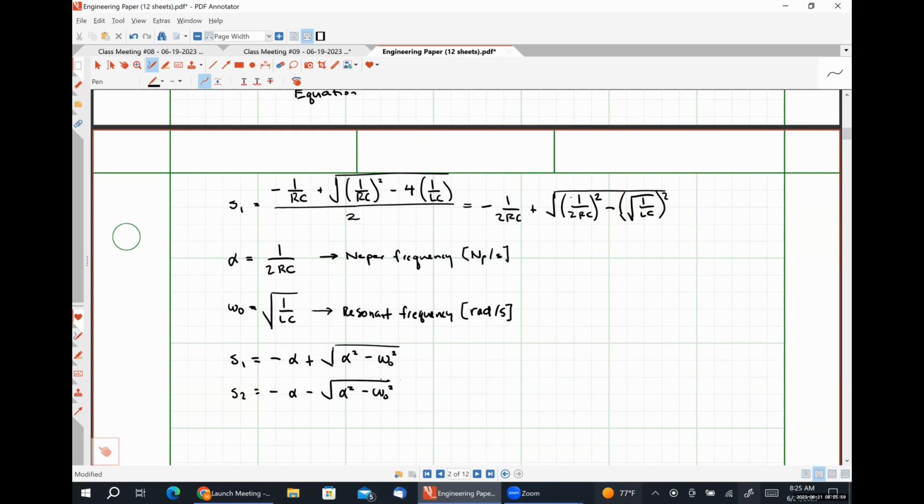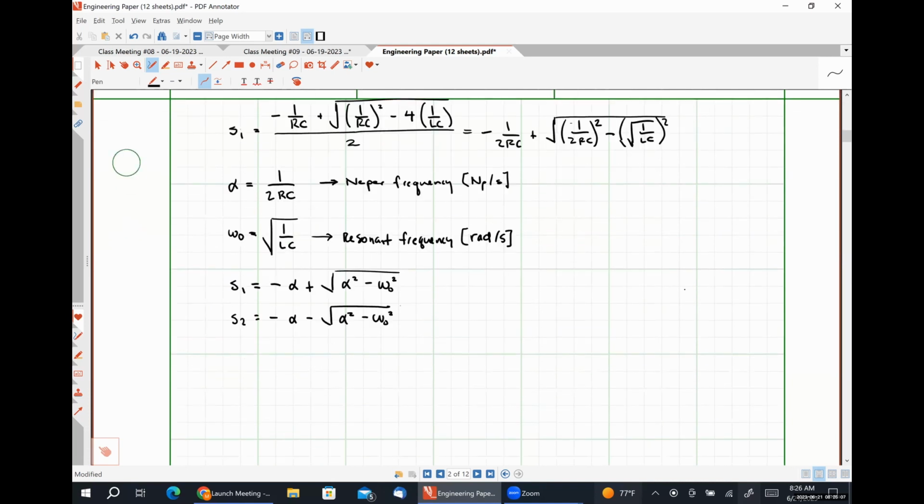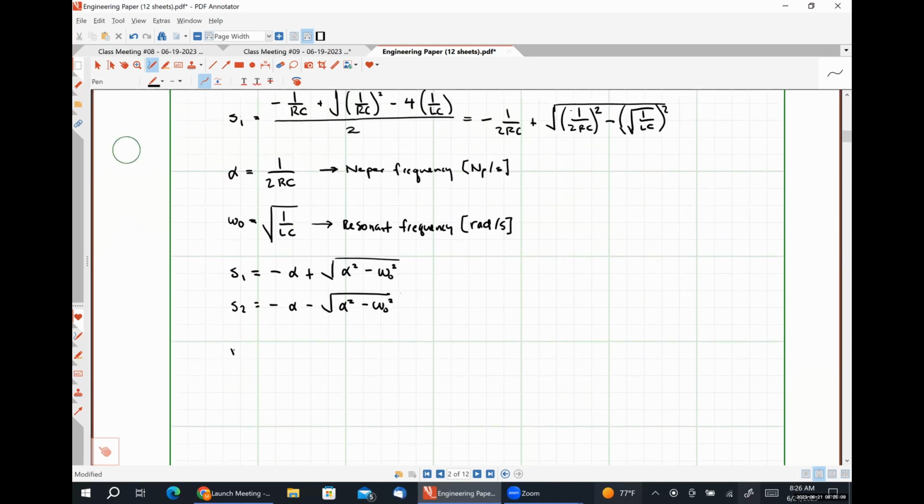So since we have 2 different values of S, our true solution for VC of t will actually be of the form A1 e to the S1t plus A2 e to the S2t, right? So instead of it being a single exponential function, it's now going to be a combination of exponential functions.